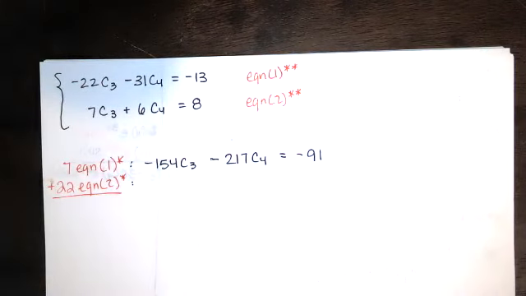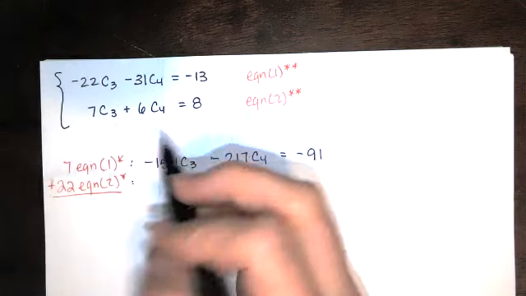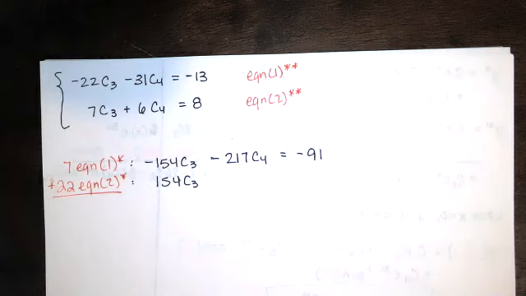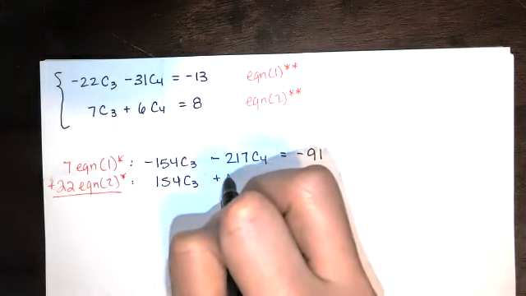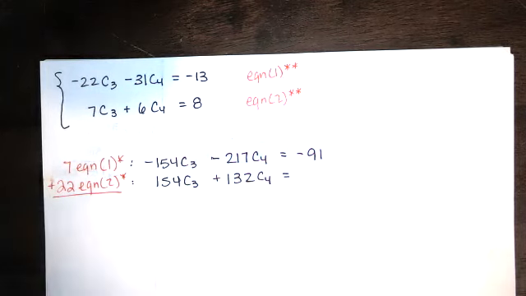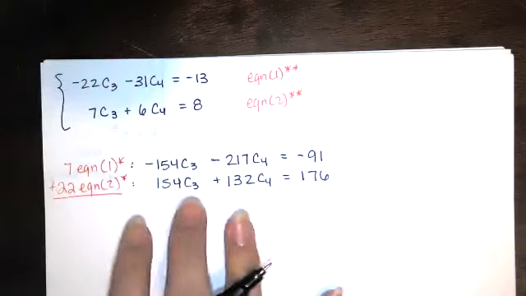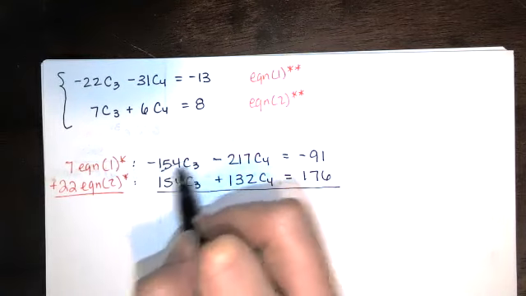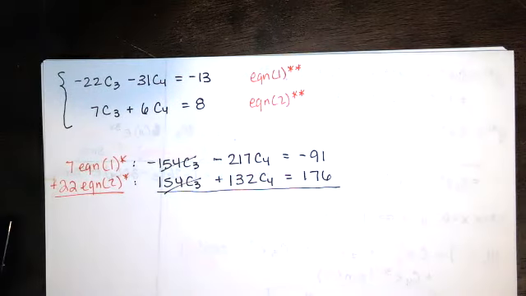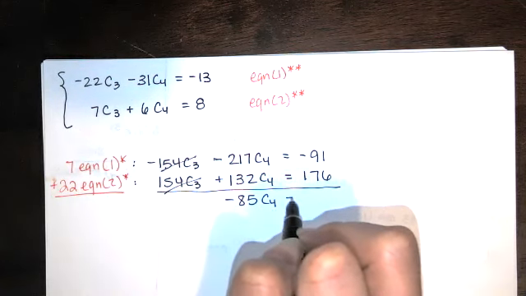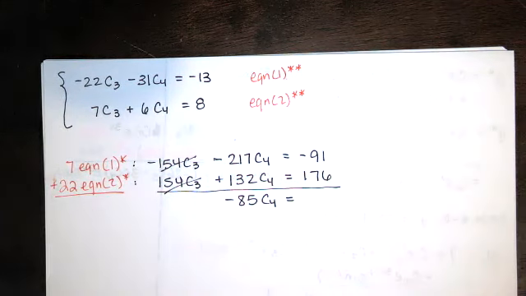If I take this guy and I multiply by 22, I get positive 154 times C3, good, and 22 times 6 is 132 times C4, and I have a 176 over here. Then those reduce, and we end up with this negative 217 plus 132. It's negative 85 times C4 equals 176 minus 91.